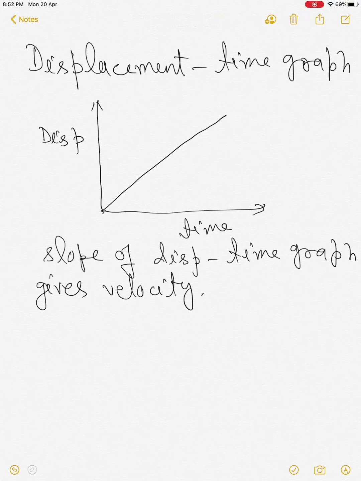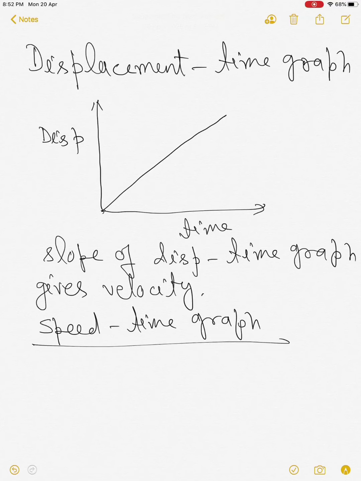Now, next graph is the speed time graph. If speed is taken on the y axis and time on the x axis, then it will be a speed time graph.